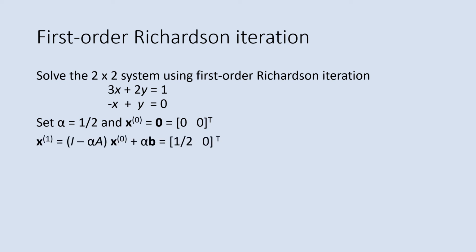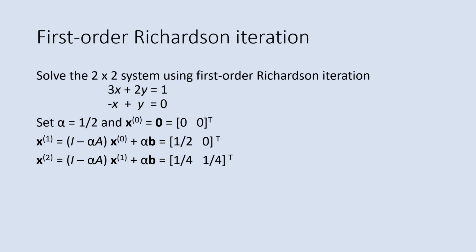All right, so then x1 we calculate by putting in the x0, the alpha, A, and B, the identity matrix, all of these other pieces. x0 is a known value now, alpha was known, B was known, all of these are known, and so it's a straightforward calculation, and we get that x1 is the vector 1/2, 0.